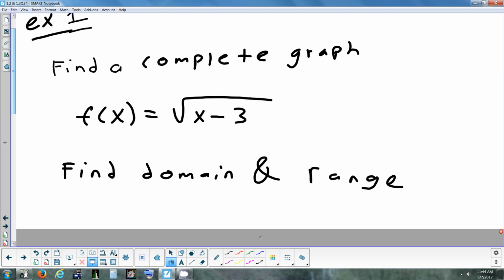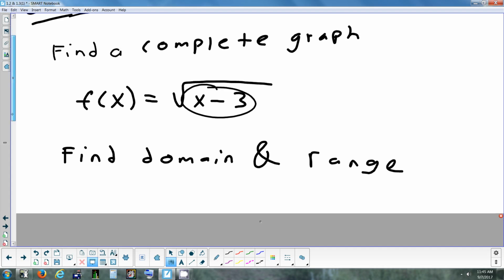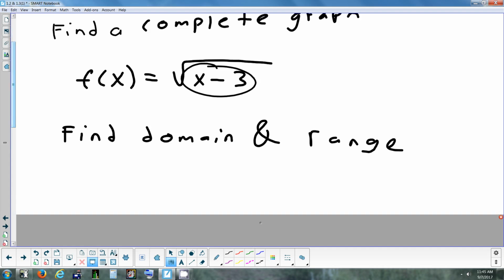No. It's negative. You say anything higher than 3. How about 3 itself? If you plug in 3, would this come out negative? No, then we're okay. So we can pick any number, 3 or higher.